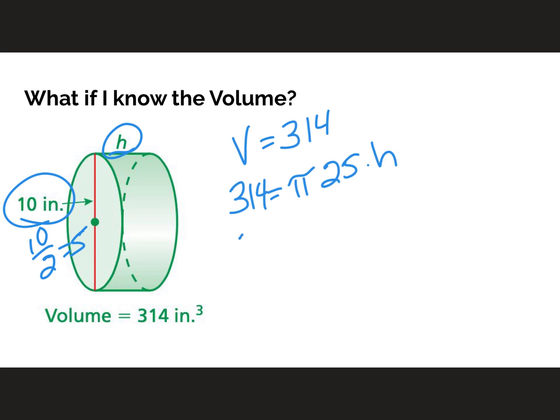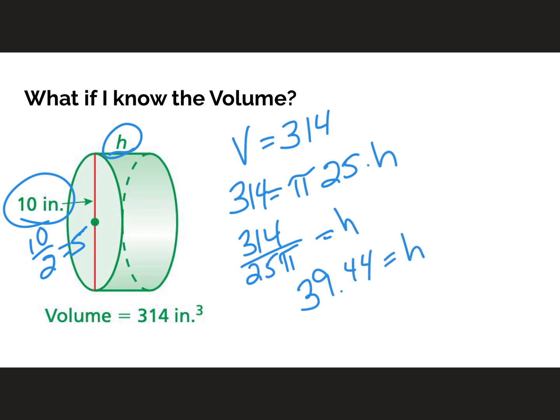So I'm going to divide both sides by 25 times pi to find my height. So I simply do 314 divided by 25 times 3.14 to get 39.44 is my height. Not too bad.